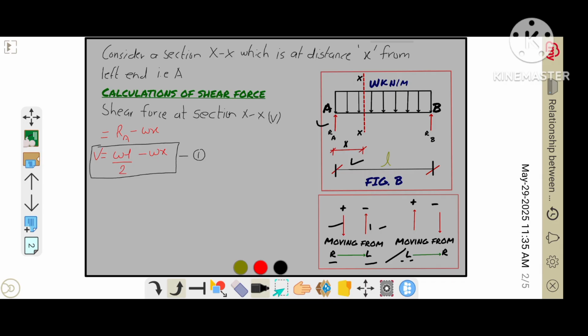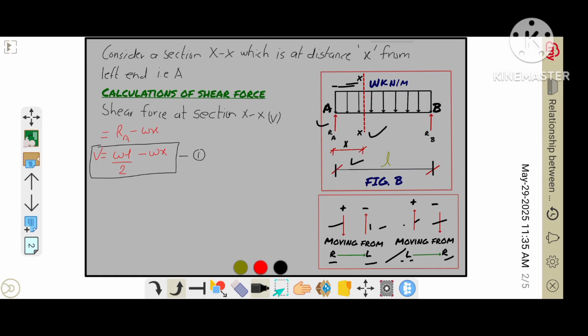Similarly, if we move from left to right on the beam, all the upward forces are taken as positive and all the downward forces are taken as negative. So, considering this sign convention, I am going to calculate the shear force at section XX.